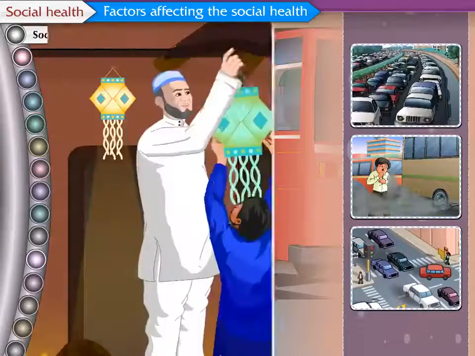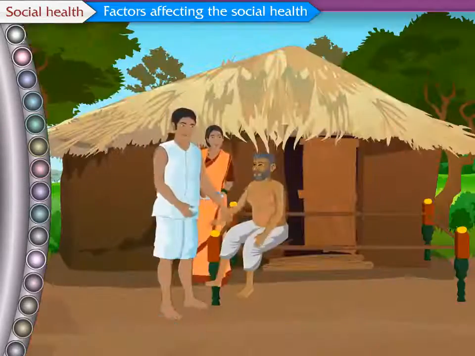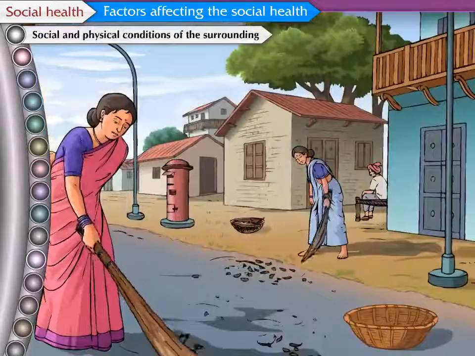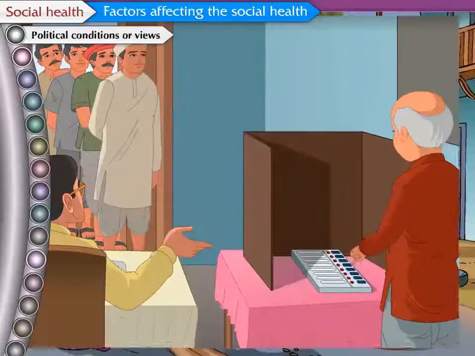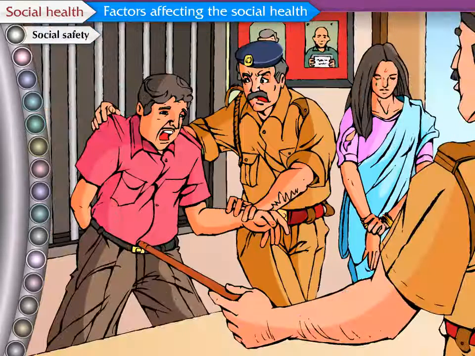Factors like social environment of the surrounding, social treatment, social and physical conditions of the surrounding, political conditions or views, and social safety are interdependent on each other and also have a huge impact on the social health.